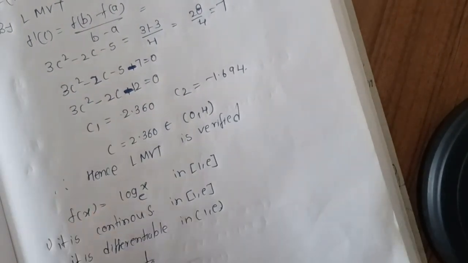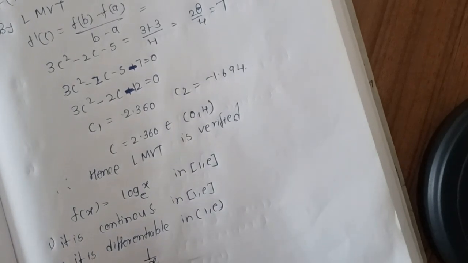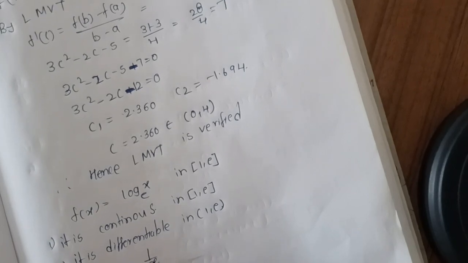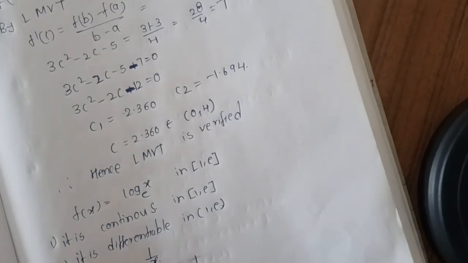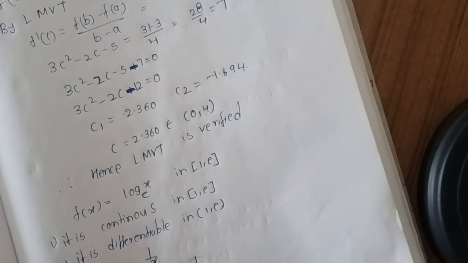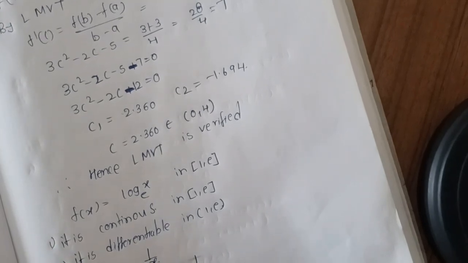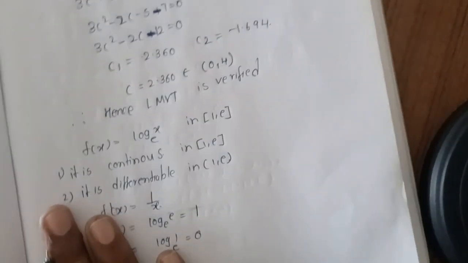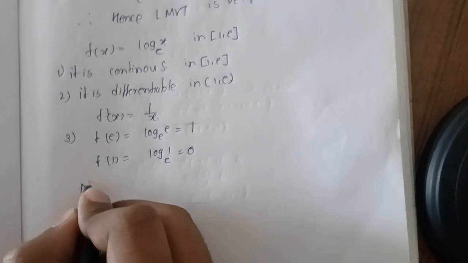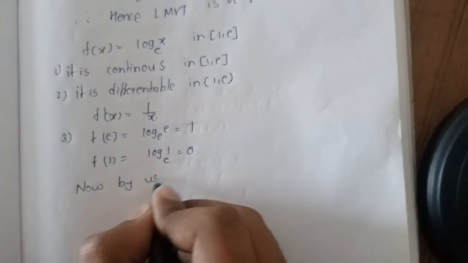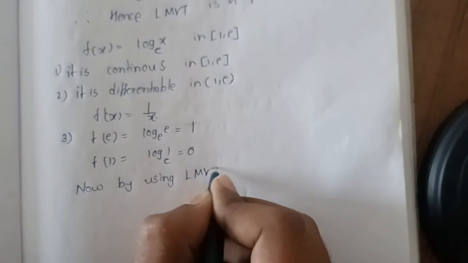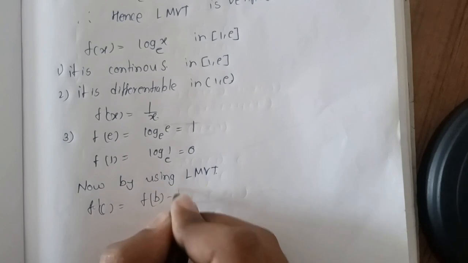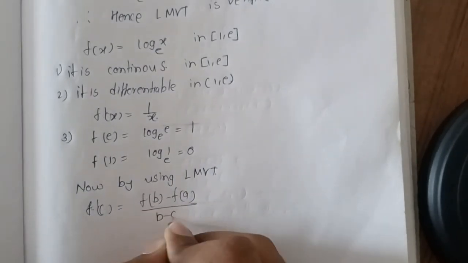Before going to the third, we have to check f of b. Here b is equal to e, and log e base e becomes 1. And the next, f of 1, log 1 base e, becomes 0. Now by using LMVT, f dash c is equal to f of b minus f of a by b minus a.